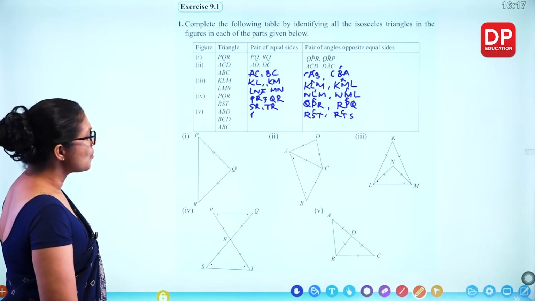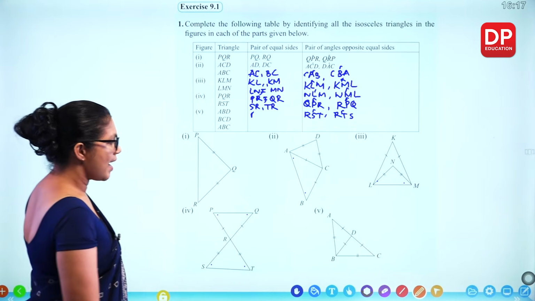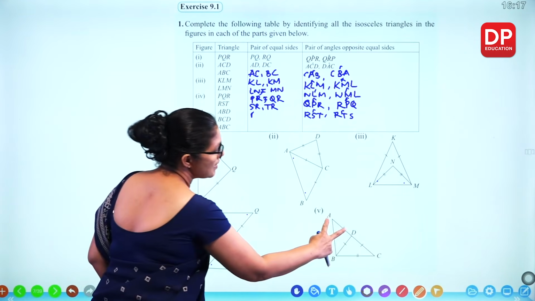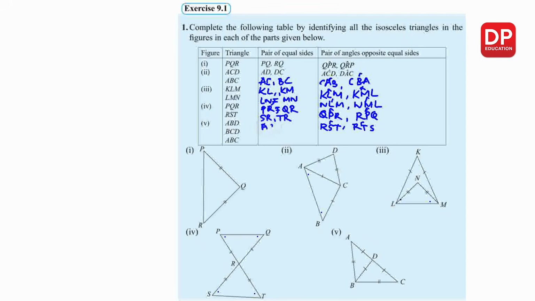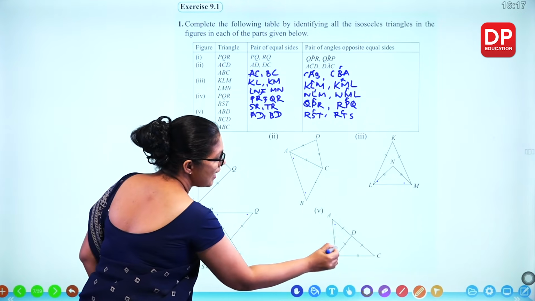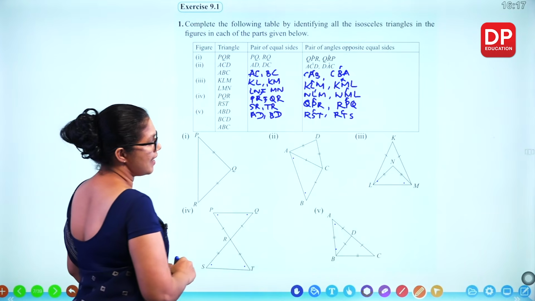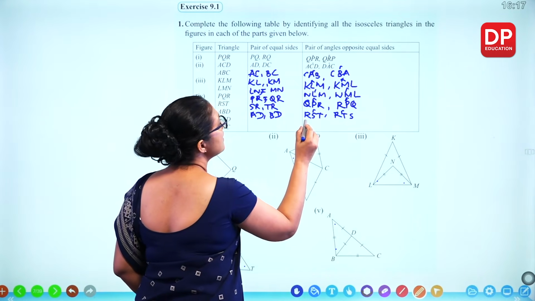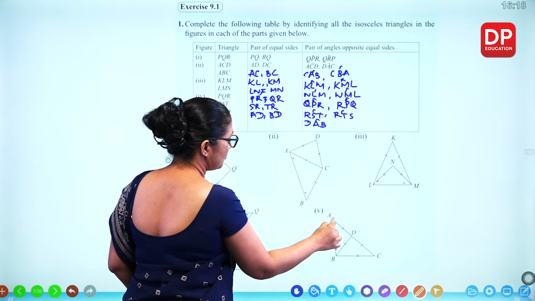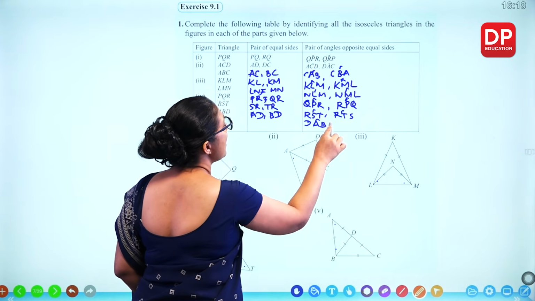So the next one, ABD triangle. This one, what are the two equal sides? AD and BD. What are the equal angles? This angle and this angle. We can write DAB angle and DBA angle.